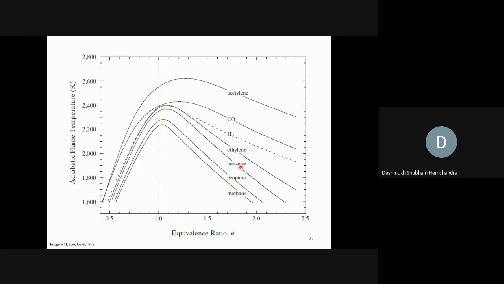Because some of the reactant is remaining in both cases, not complete combustion. Correct. So only on this line you will see complete combustion. Here we are getting the maximum temperature, while if you go this side or that side, either fuel will be remaining or oxygen will be remaining. Then the temperature gets lowered.